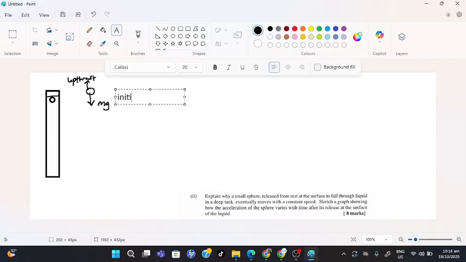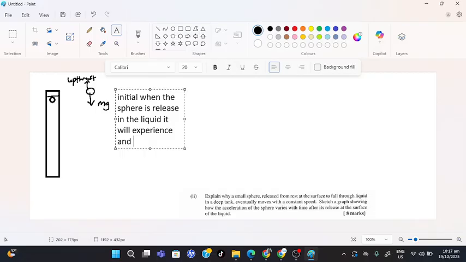Initially, when the sphere is released in the liquid, it will experience an upthrust, and its weight will pull it downward.